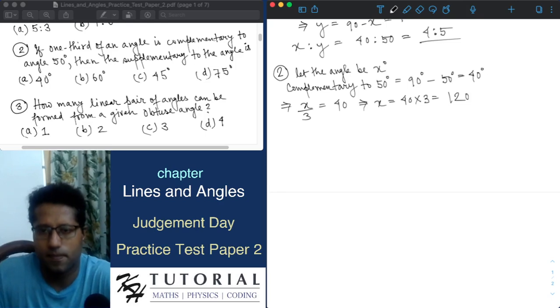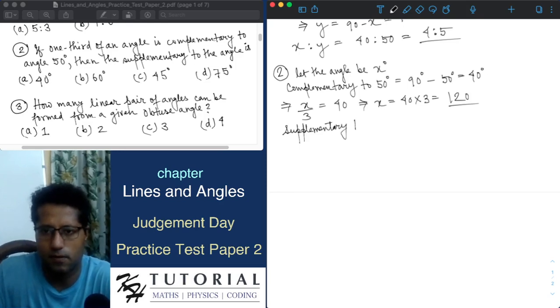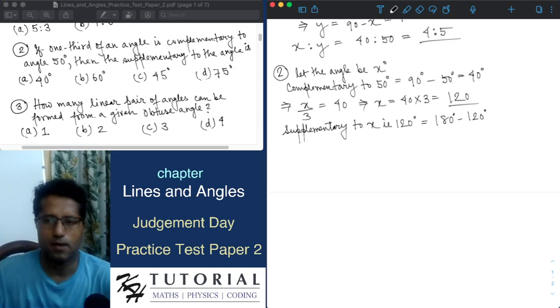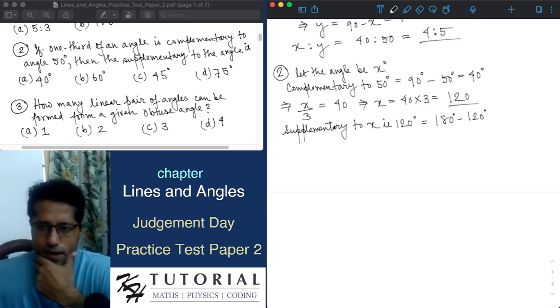So x is 120 degrees. Now, supplementary to x, that is 120 degrees, is equal to 180 degrees minus 120 degrees, because we know supplementary angles are angles whose sum is 180 degrees.